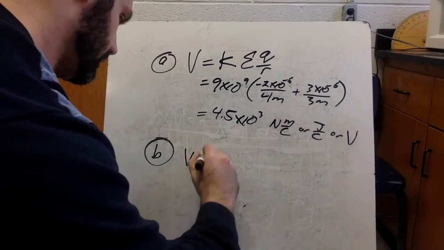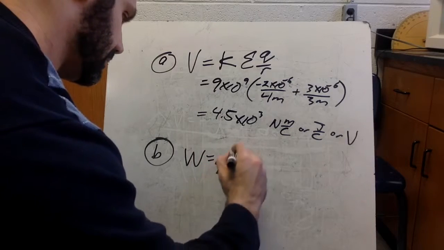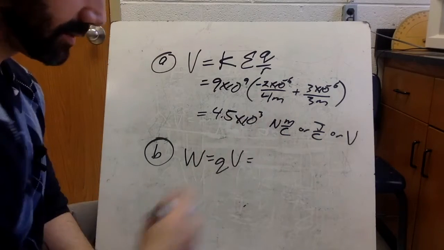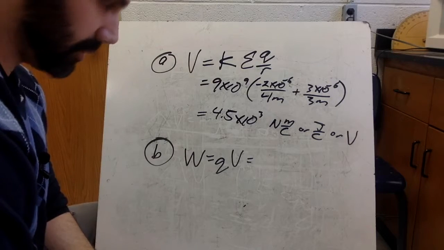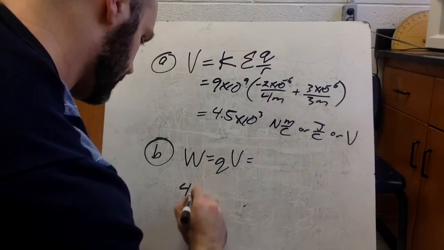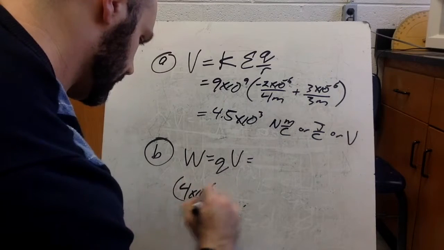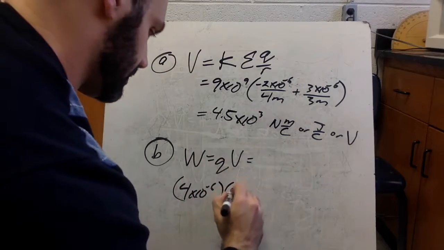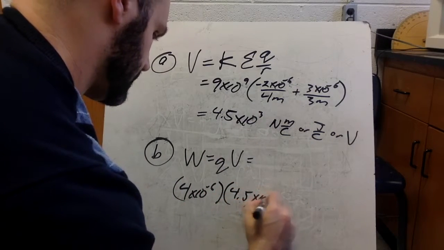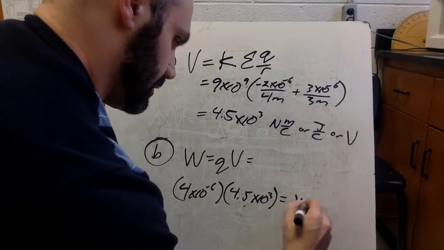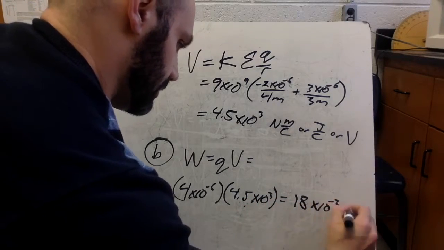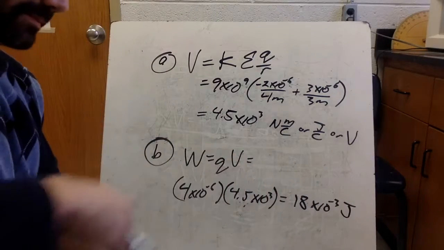So work is going to be Q times V, charge times the voltage. To bring in 4 microcoulombs, so 4 times 10 to the negative 6 coulombs, times the 4.5 times 10 to the third, you get 18 times 10 to the negative third joules.